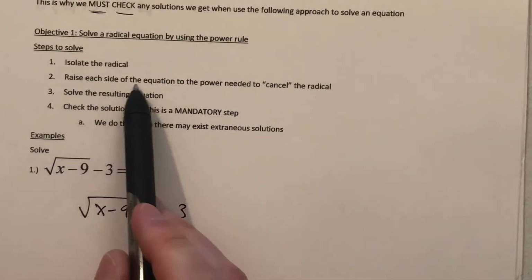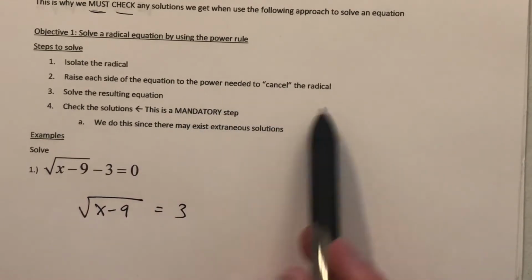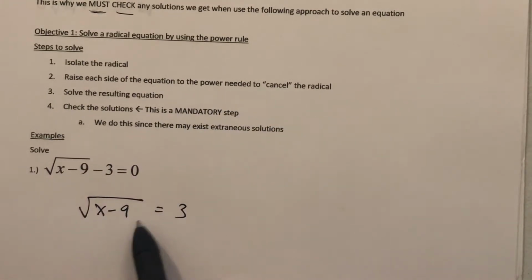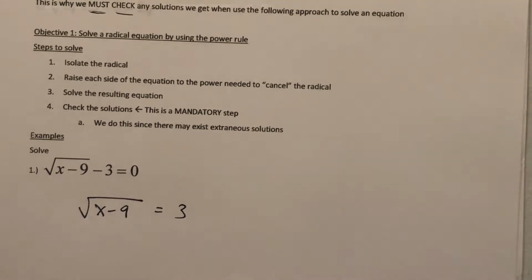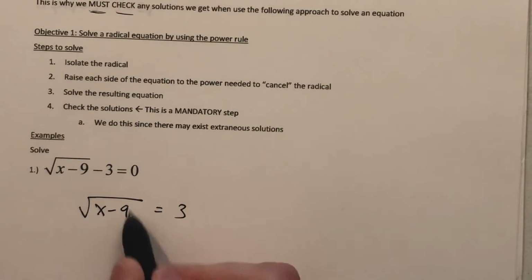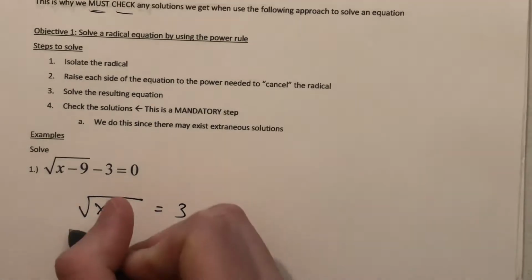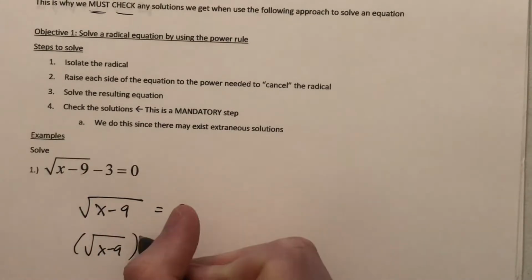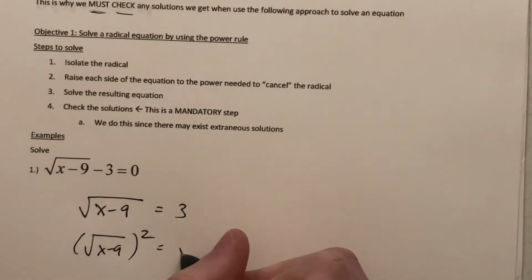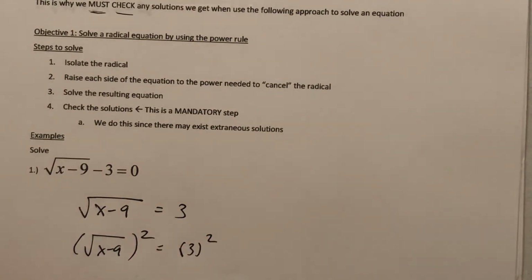Now this raising each side to the power needed to cancel goes back to our understanding that if this is a square root, if you square a square root, then you get what's inside. By definition, squaring a square root will give you what was inside of that radical. So from that step, I'll take both the left side and the right side and square both sides, canceling the square root.